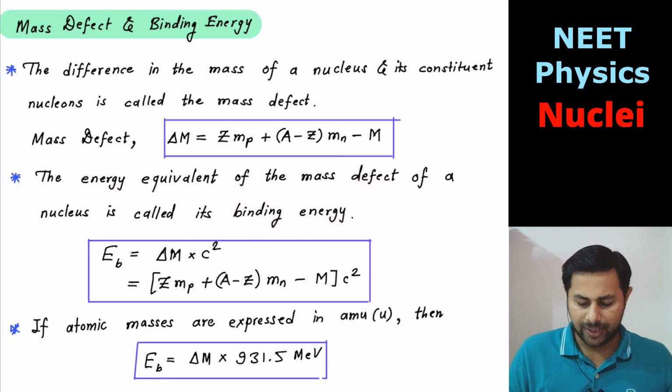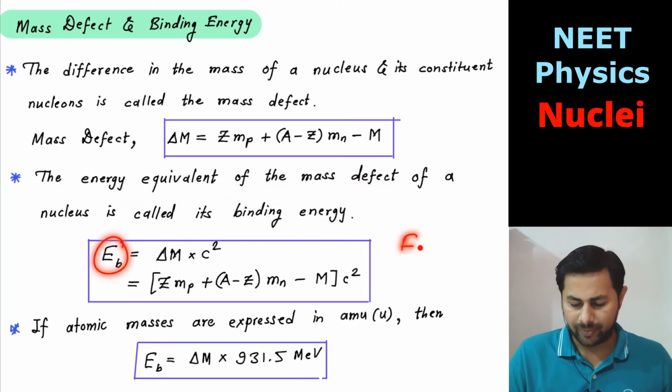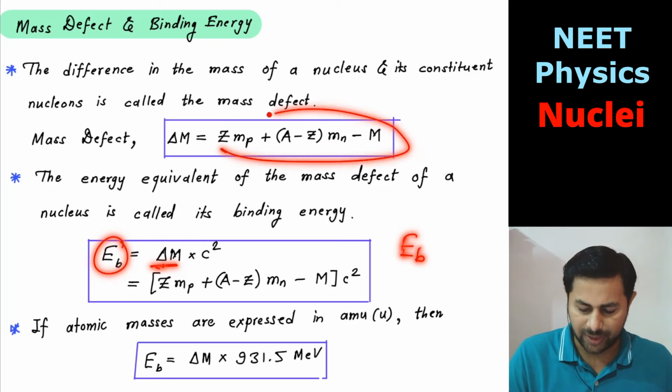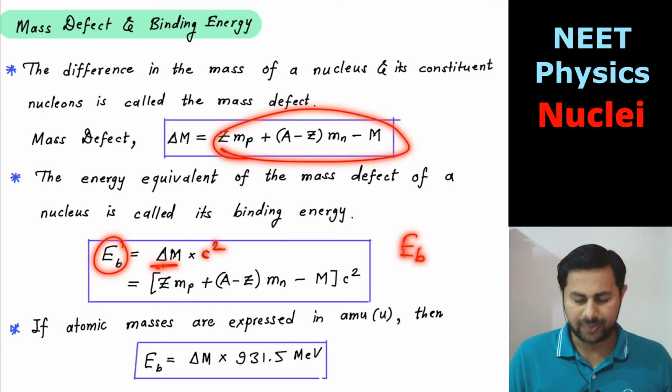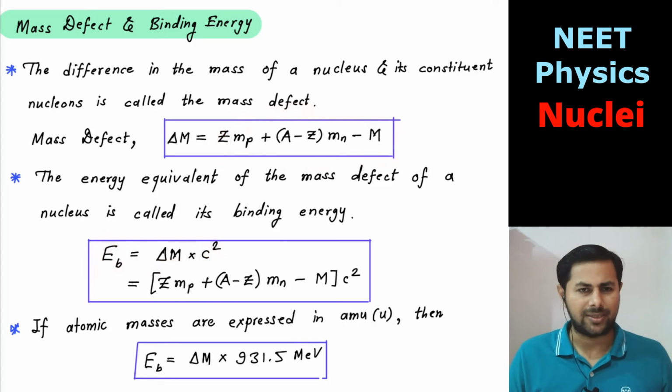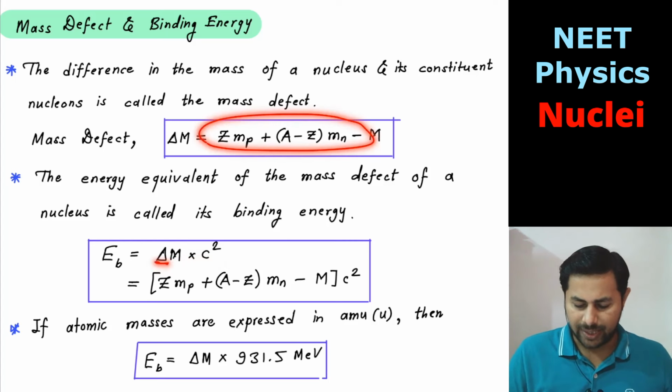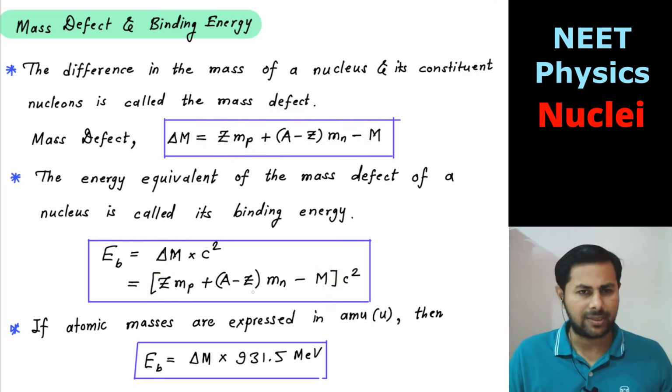We will denote it by EB, and EB is equal to what? Mass defect multiplied by c square, using Einstein's mass energy relation. Then you can substitute delta m equal to Z into mass of protons plus (A minus Z) multiplied by mass of neutrons minus the mass of nucleus, the whole term multiplied by c square, right?